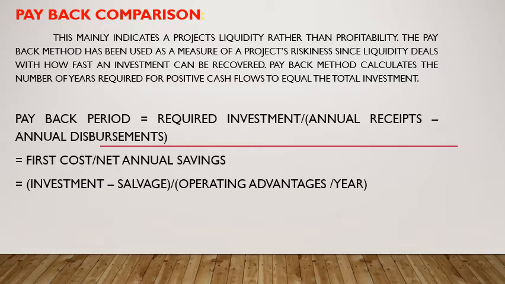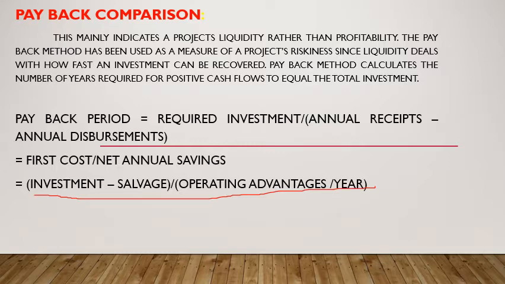But what is required for you to remember is the total investment made. Initially, if it has any salvage value, you have to deduct it from it. That's what I have indicated as the third method of calculating the payback period. The net investment made, that's what we call it.